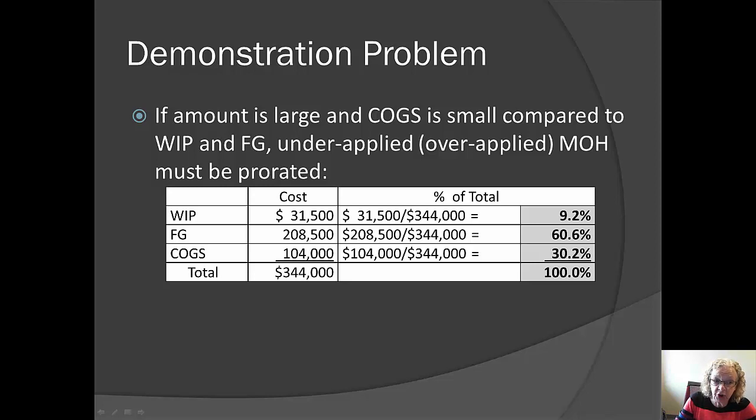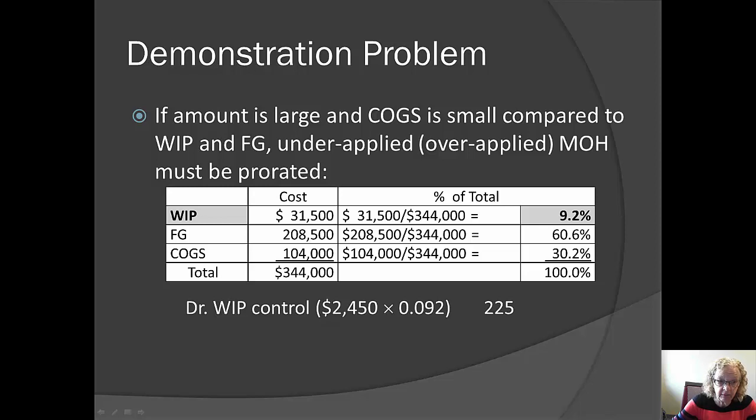So how are we going to journalize this? For work in process, we will take 9.2% of the underapplied overhead. That means work in process gets $225 of additional overhead based on our allocation. For finished goods, we're going to take 60.6% of the underapplied overhead.